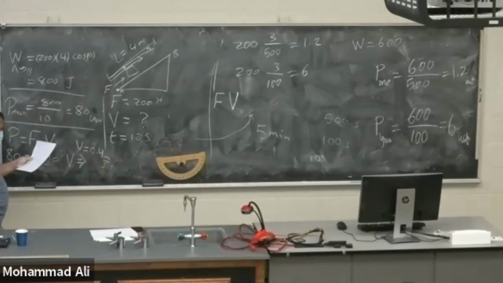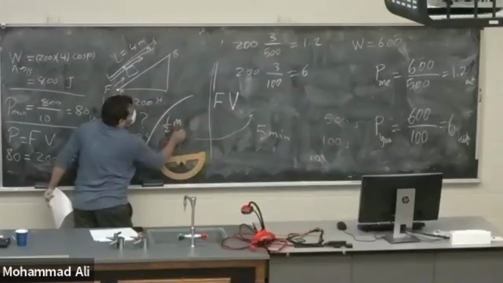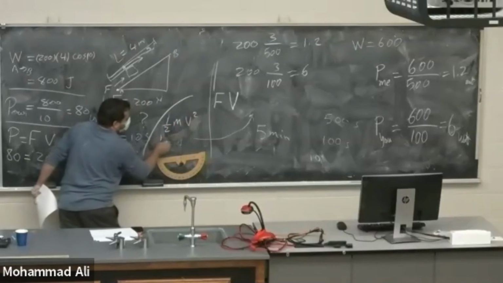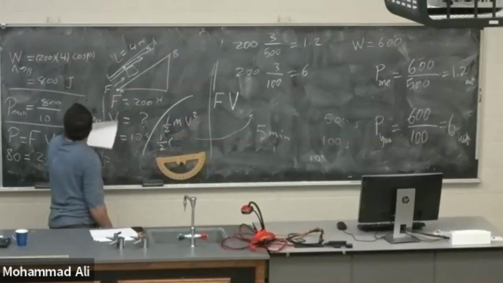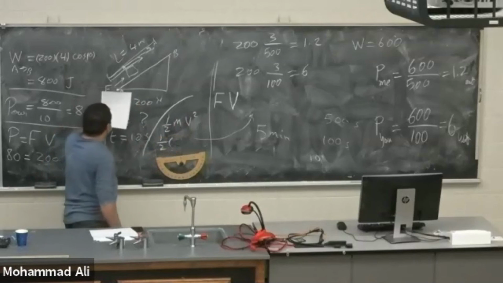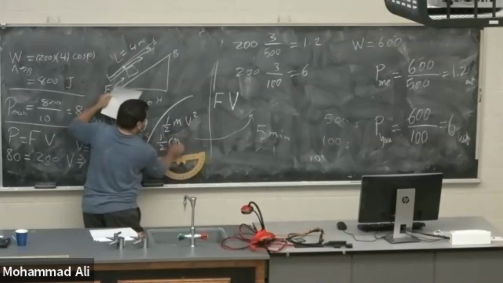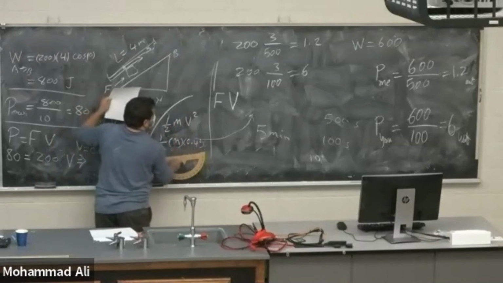Right? The kinetic energy, 1 over 2 m v squared. 1 over 2, the mass is, how much the mass? I don't know the mass. v squared, 0.4 squared.